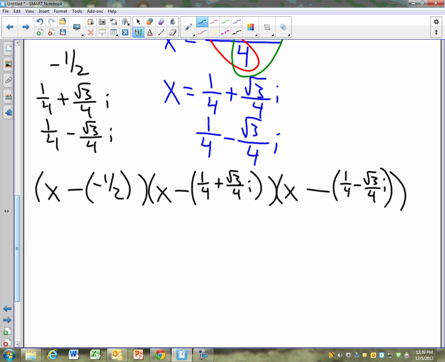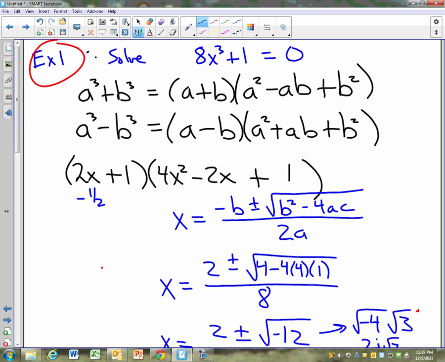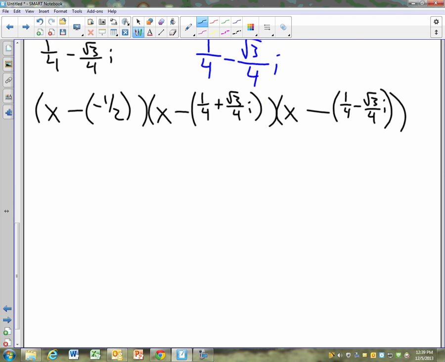So my point is that this factors to that. Now, we couldn't teach you how to do that, right? I mean, you would have to go through the process we did. It's not like you could just see, oh yeah, duh, it's going to factor to that.